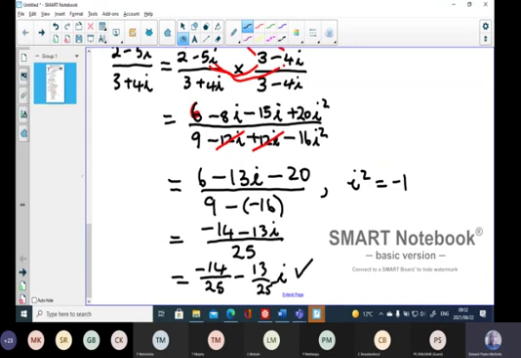Sir, what did you multiply by 1, like at the top? Is it not minus 1? It's 1. I mean, 3 minus 4i divided by 3 minus 4i, it's 1. Why did you multiply by 1? Okay, which step?